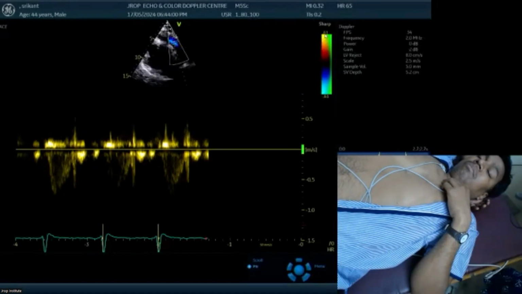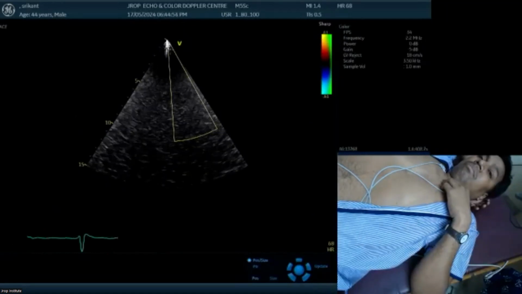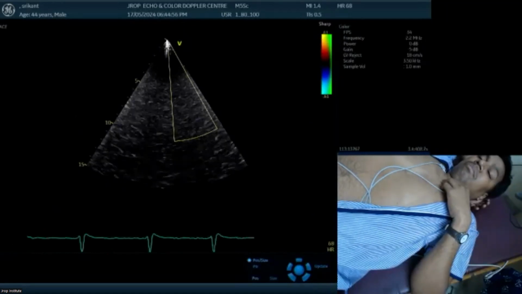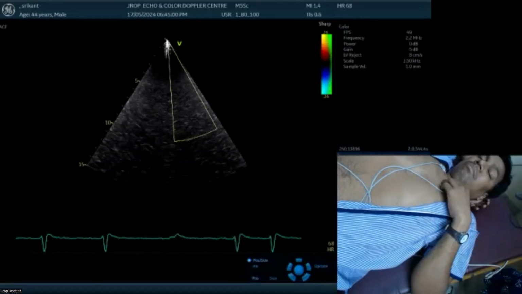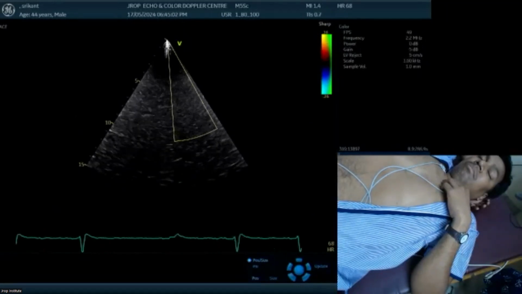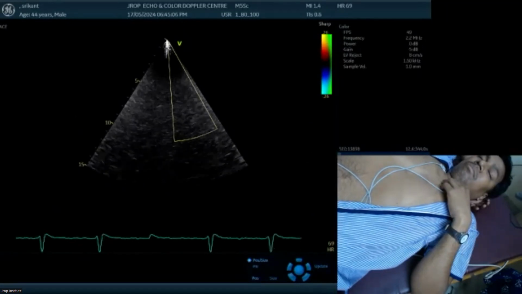I can change the scale. Let me reduce the scale of the color Doppler. So this has gone to a Nyquist limit of 16 centimeters.